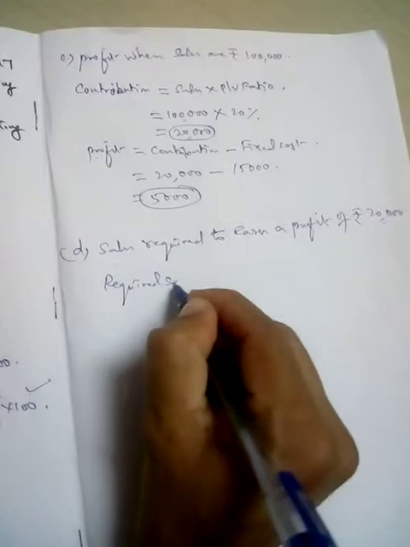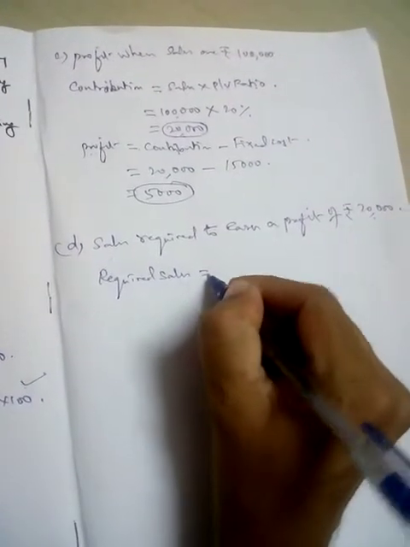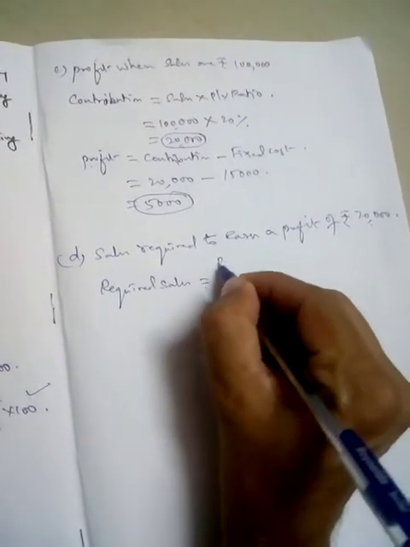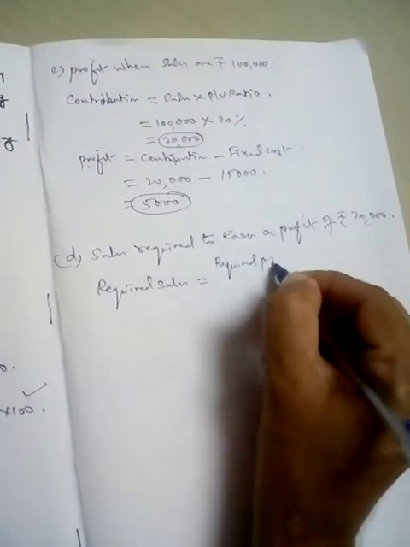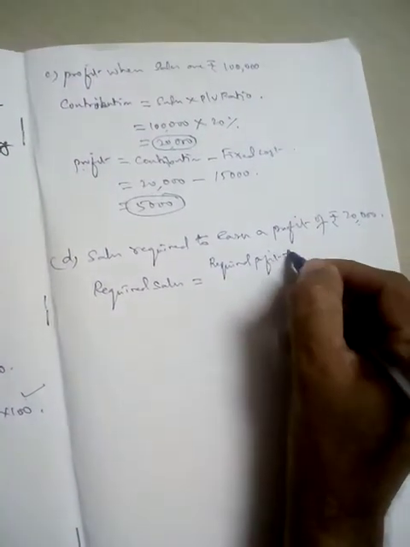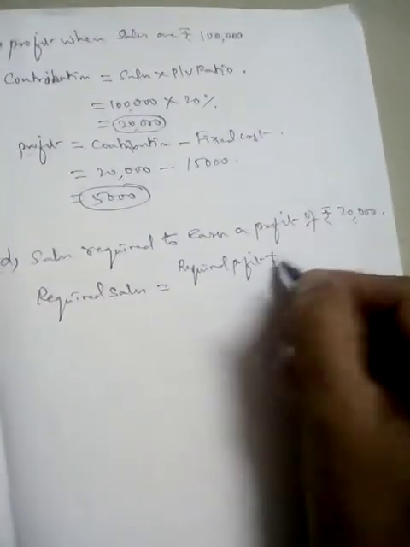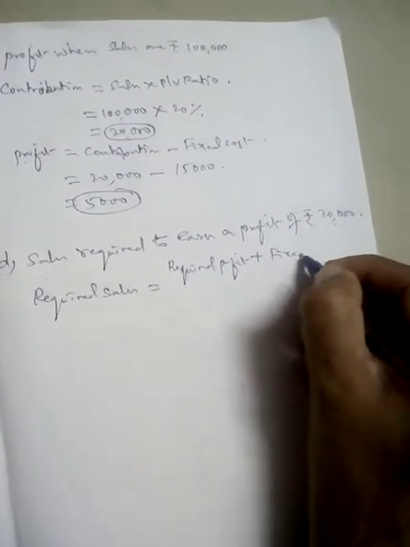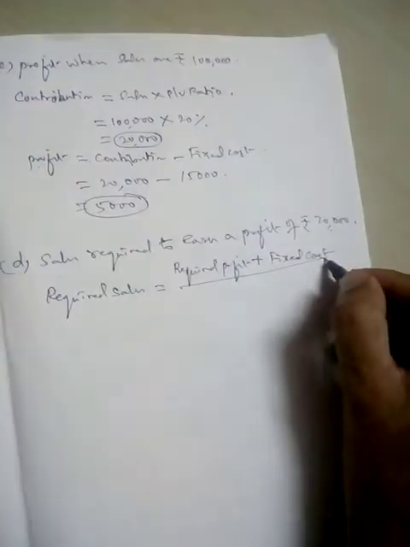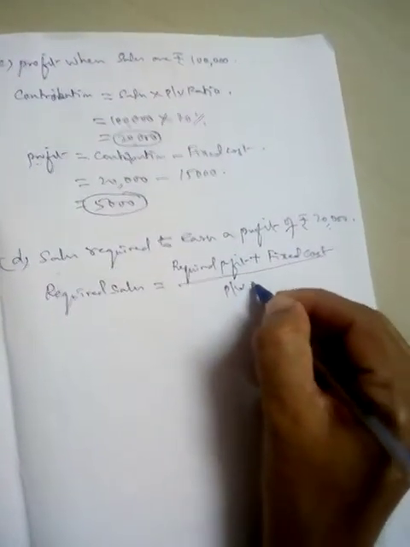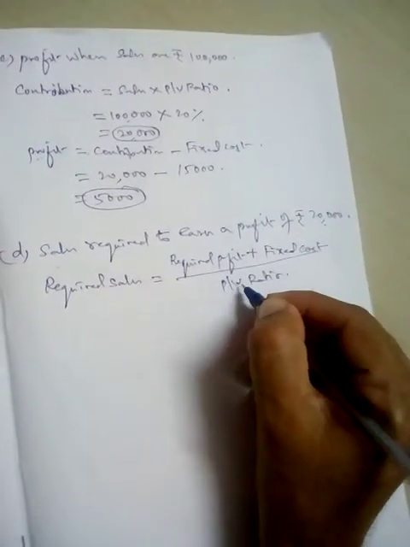Required sales equals required profit plus fixed cost divided by PV ratio.